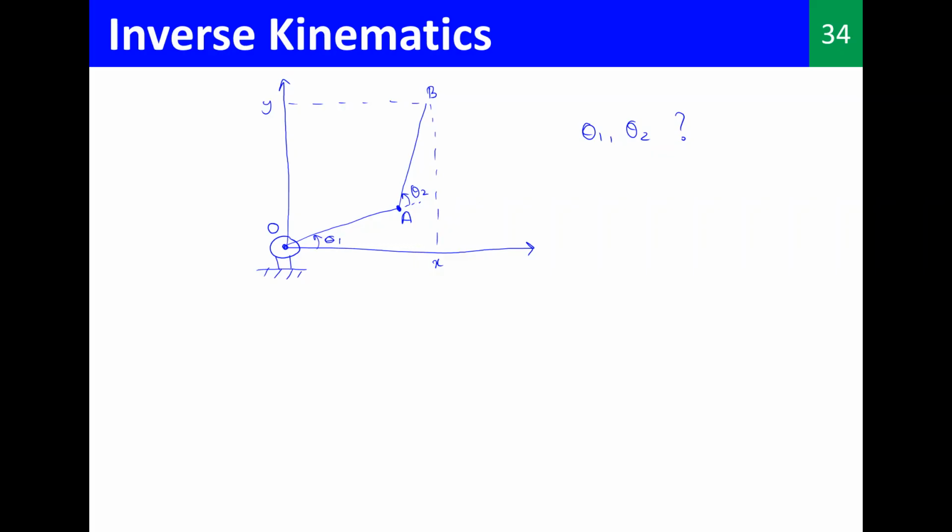Can you try to find theta 1 and theta 2? Okay, I will give these values. So this is L1, because these are measurable and we know beforehand.